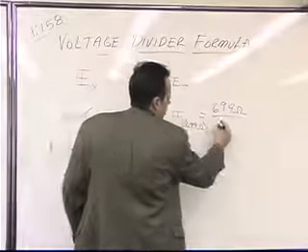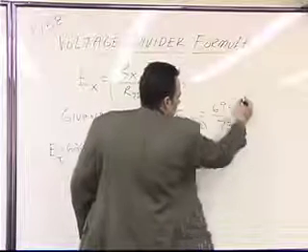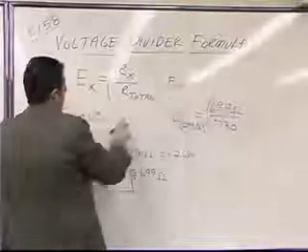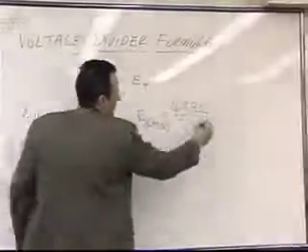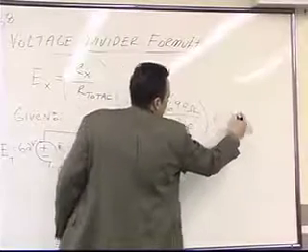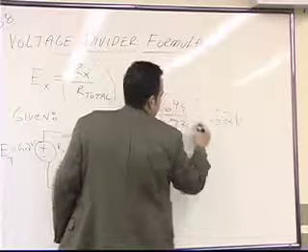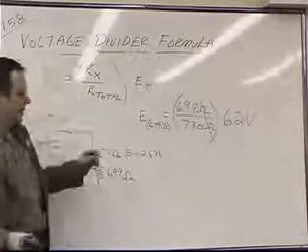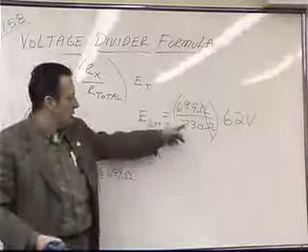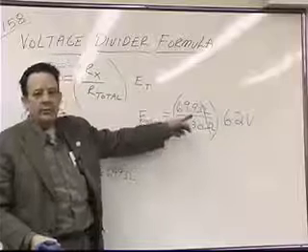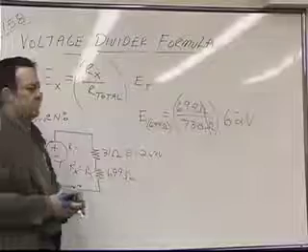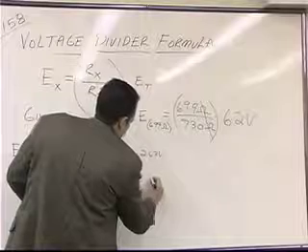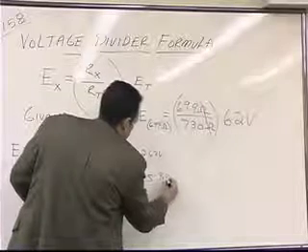That didn't change. This is 730. And then that is multiplied by what? 62. That's multiplied by 62 volts. Our ohms cancel. We're left with volts. So get your calculators out and tell me what 699 divided by 730 times 62 is. This is equal to 59.36.